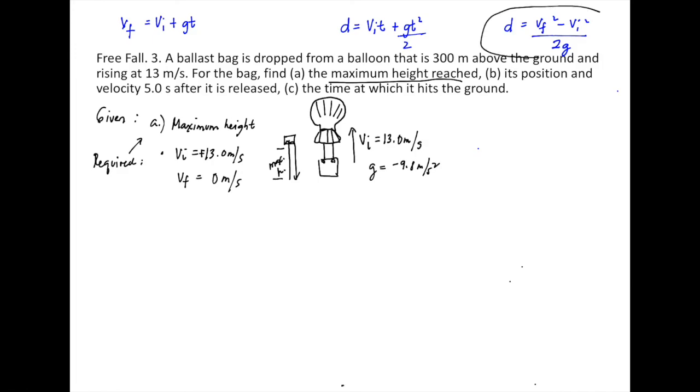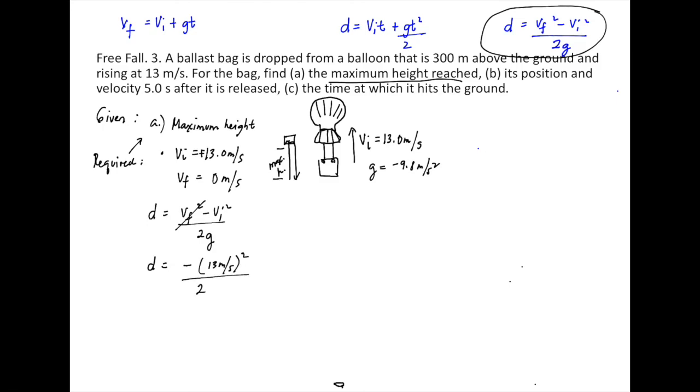The best equation that we're going to use is this. So we have here v_f squared minus v_i squared all over 2g. Since the final velocity is 0, this already cancels. And then we have the negative v_i squared, so negative, and then the value for v_i, which is positive 13 meter per second, and then we square it.